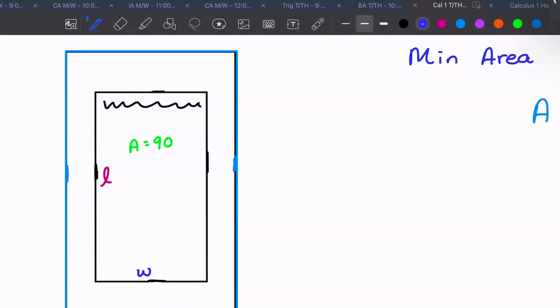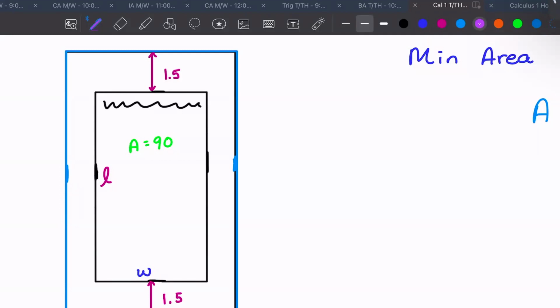Okay, we also have some stuff going on in the margins, right? So it said the top and the bottom are 1.5 inches. That's the margin. So that means that this right here is 1.5, and so is at the bottom. And then on the sides, it was 1 inch, right?